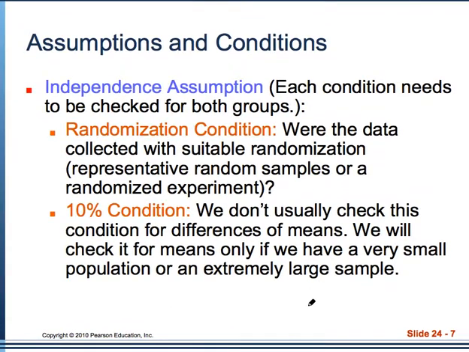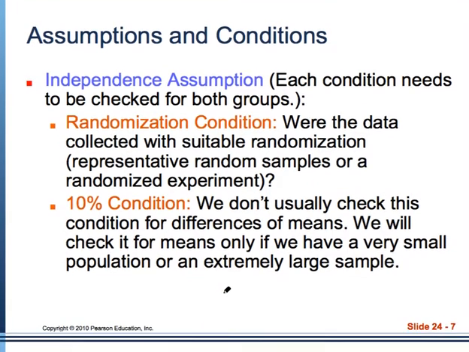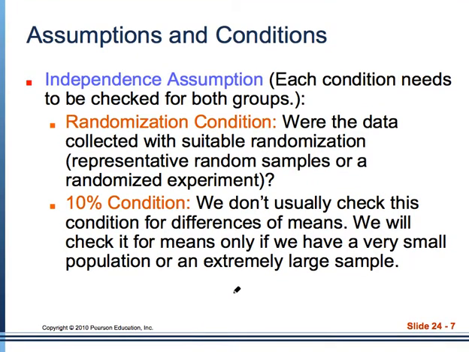All right, so with our assumptions and conditions, again, the condition needs to be checked for each group. Whether it's randomized, these are similar to what we've done before. 10%: we don't usually check this condition for the differences of means.